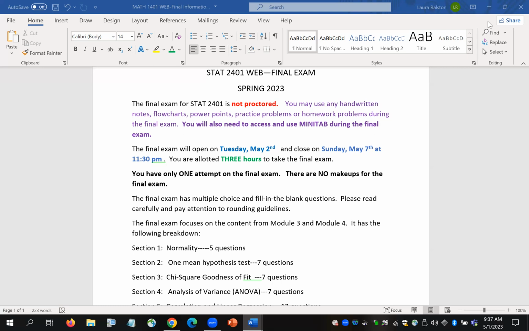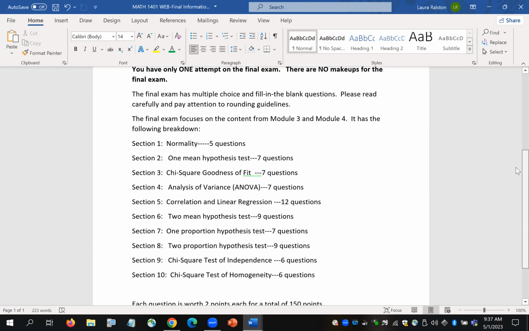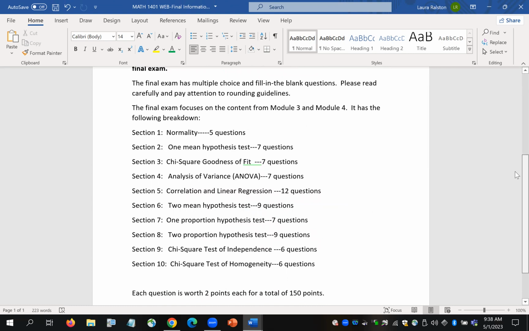It covers only the content in modules 3 and 4, and then I give you a breakdown. So you have a question on normality, a one mean hypothesis test, chi-square goodness of fit, analysis of variance, correlation and regression, a 2 mean hypothesis test, a 1 proportion hypothesis test, a 2 proportion hypothesis test, and then chi-square test of independence and chi-square test of homogeneity.